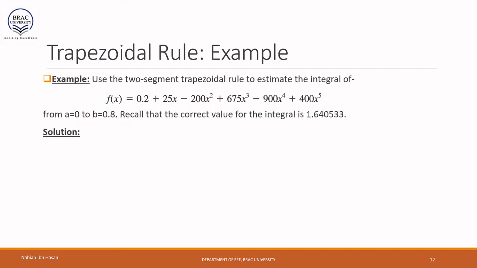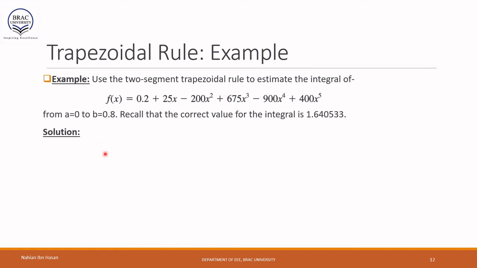Okay, let's look at an example here. We have a function f of x, and we have to estimate the integral of this function from a equal to 0 to b equal to 0.8. So these are the limits: the lower limit is 0 and the upper limit is 0.8, and we have to use the two-segment trapezoidal rule. How are we going to do that?